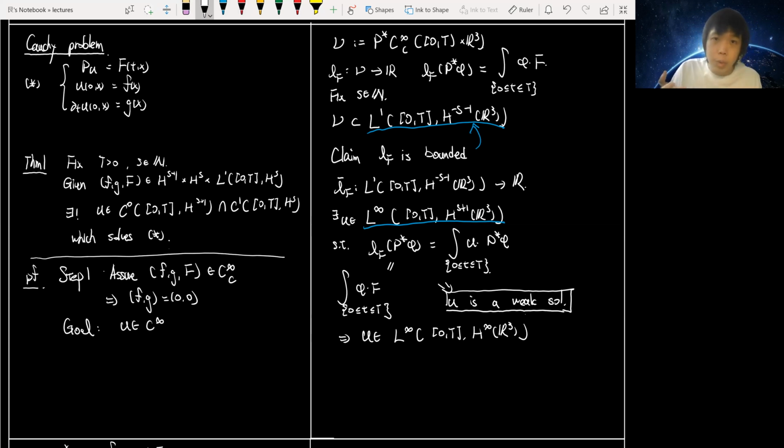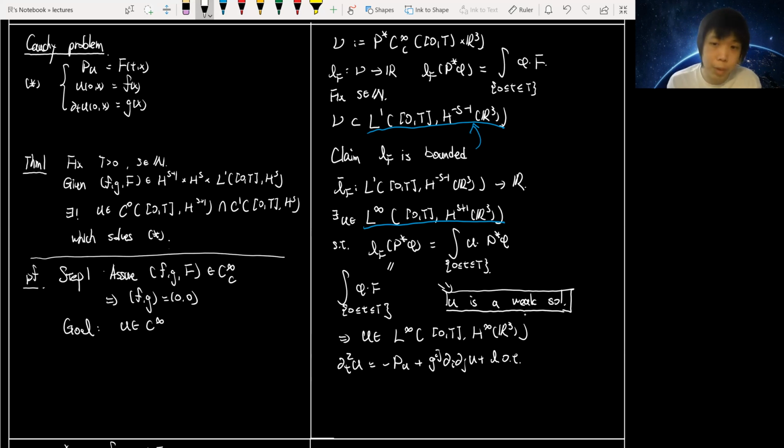And now what we need to do is to show it is also smooth in the t variable. And here we are going to use the equation. dt squared u equals minus pu plus g^{ij} di dj u plus some lower order terms.